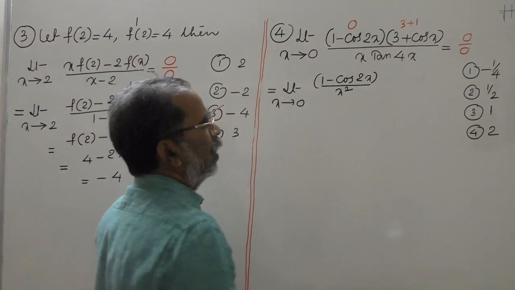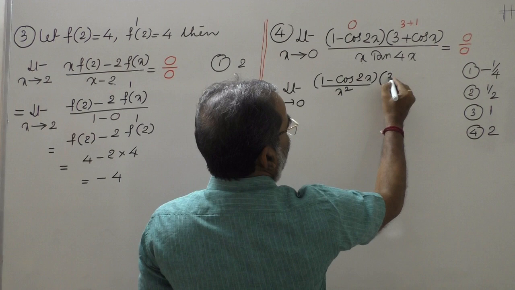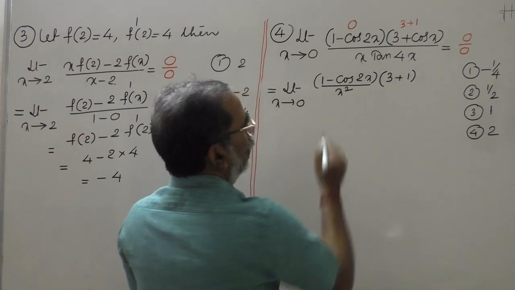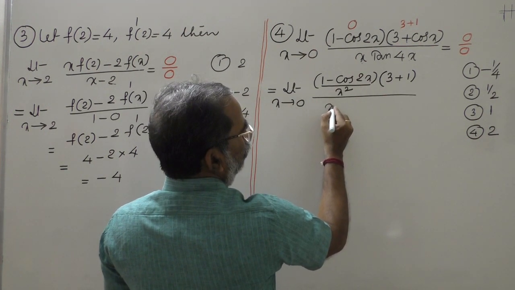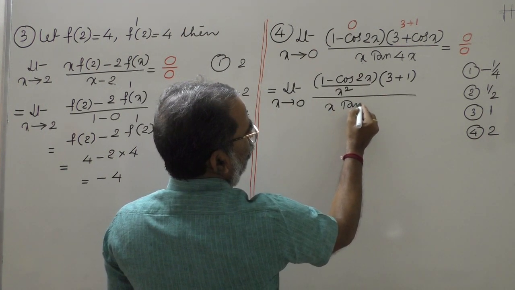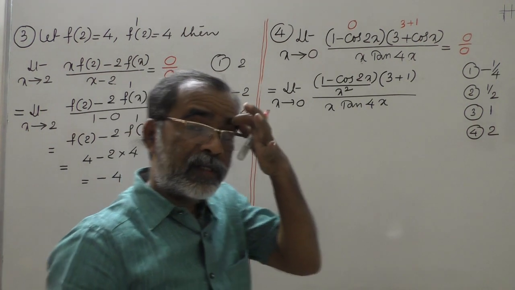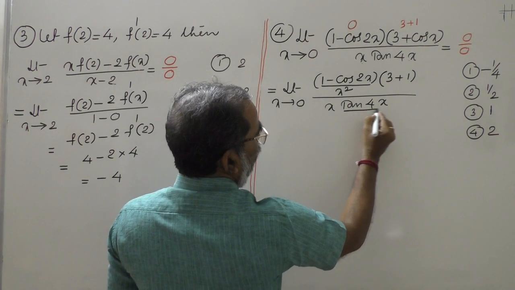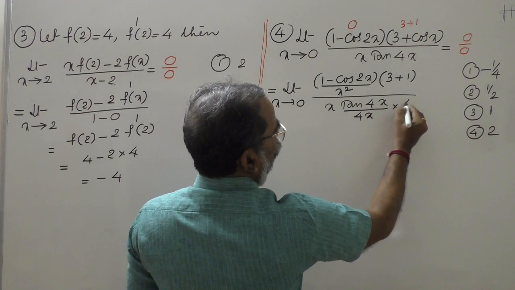So I have divided with x square. Please see, for this, 3 plus cos 0, cos 0 is 1. In the denominator, what is there? x into tan 4x. In the standard limits, tan x by x is 1, no? So therefore I will divide and multiply with 4x.